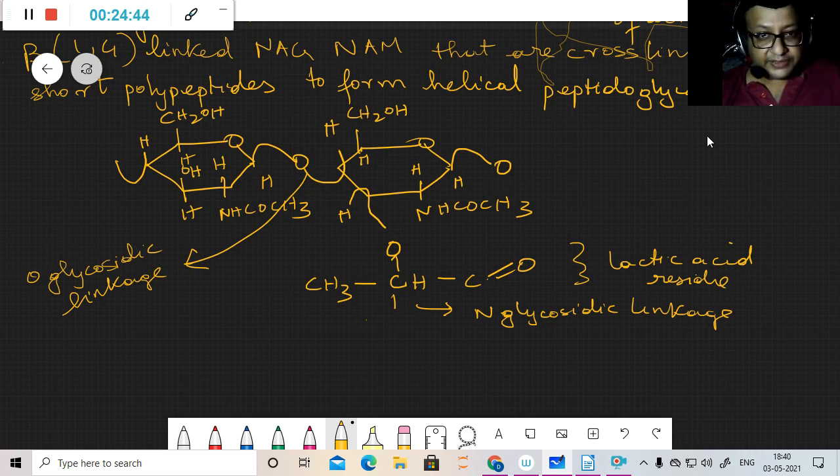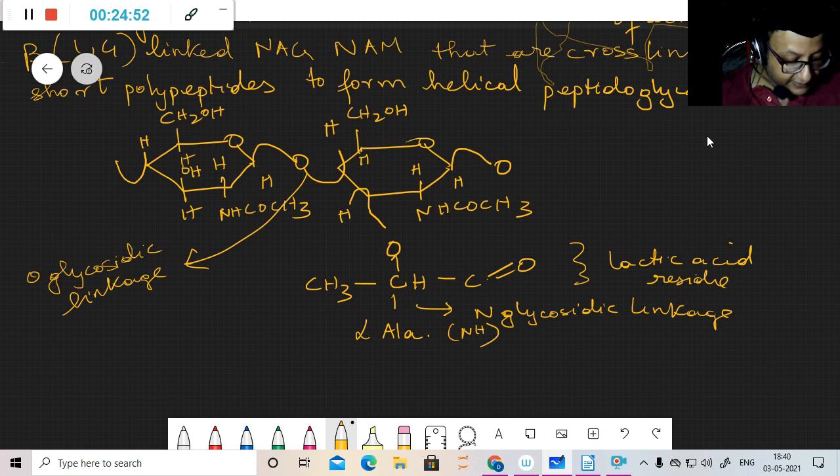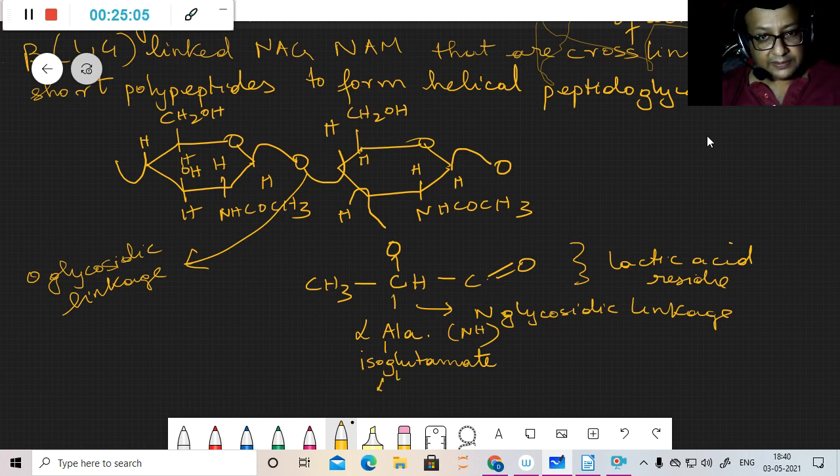To which you have, say, L-alanine added. I have not drawn the structure. To which isoglutamate, L-lysine and D-alanine are added.